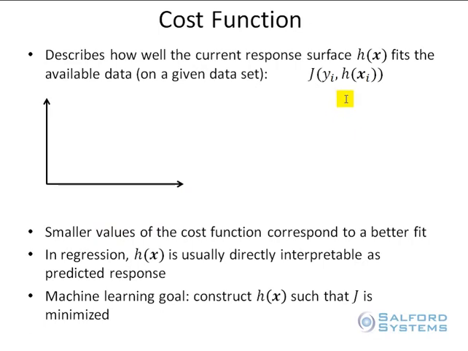And the next important component that we need to introduce is the cost function. You see, the cost function describes how well the current response surface h of x fits the available data, assuming some kind of underlying data set. Now, the cost function J will be, in our case, essentially a function of predicted response and the actual observed response.